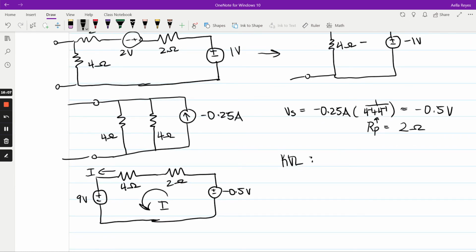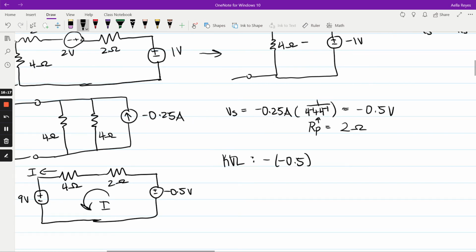So we're going to start with this. It's going to be negative plus 2I plus 4I plus 9 equals 0.